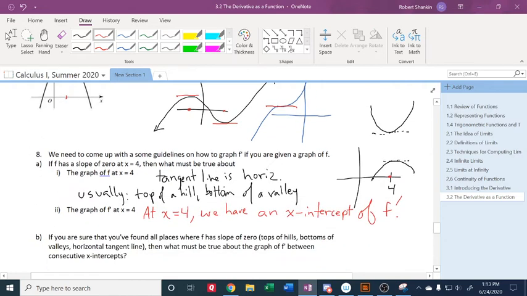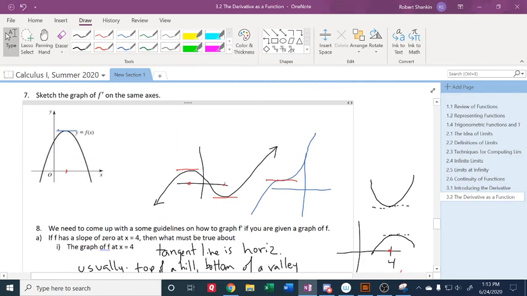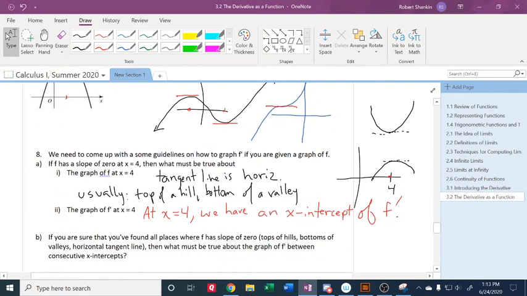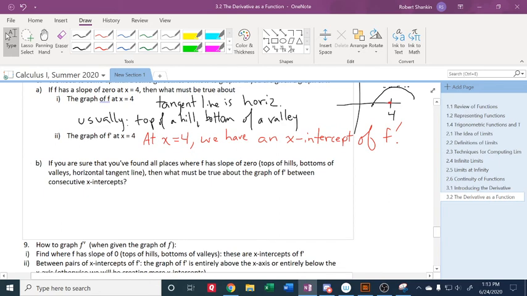Right. So now let's go to part B. If you are sure that you found all places where f has a slope of 0, which is usually tops of hills, bottoms of valleys, horizontal tangent lines. It doesn't have to be top of hills or bottom of valleys.